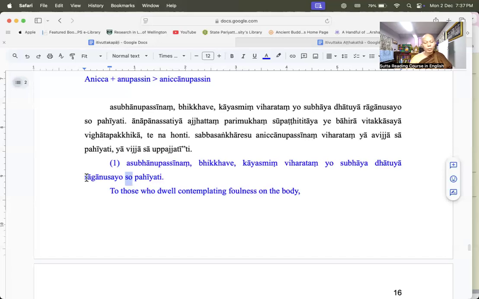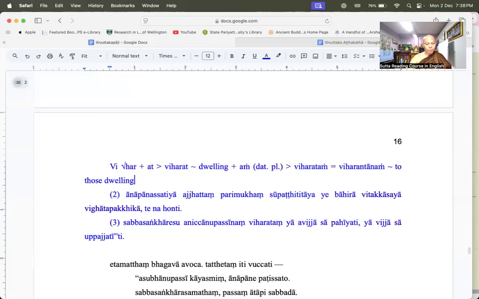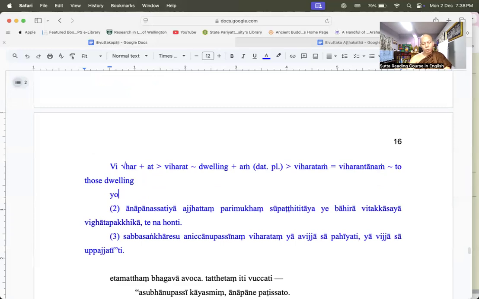Yo Subhaya Dhatuya Raganusayo. Yo and so we already know, that is what. Yo and tam mean that what, or that whatever in this way.